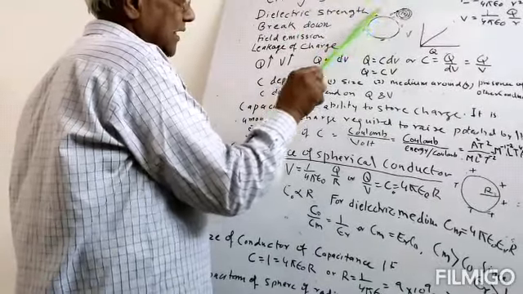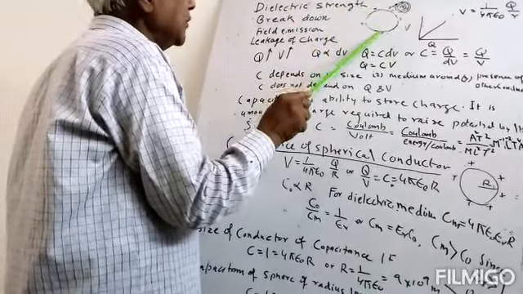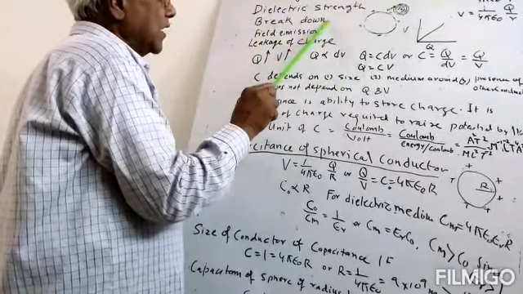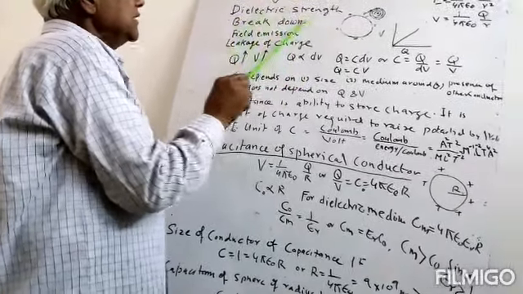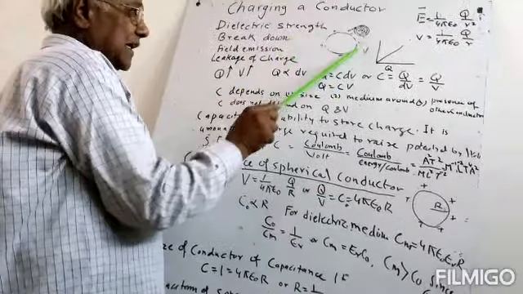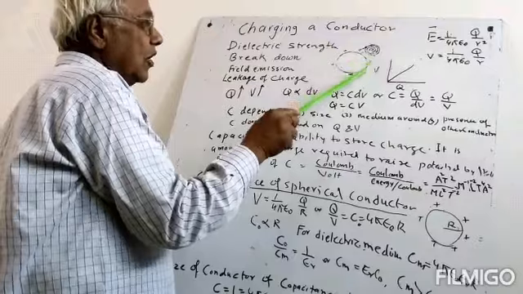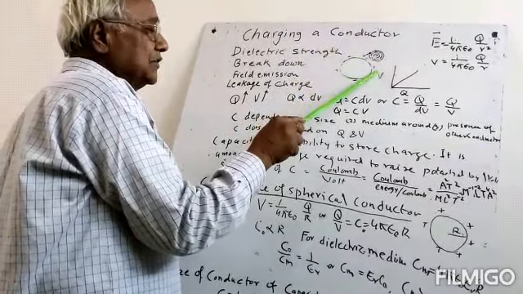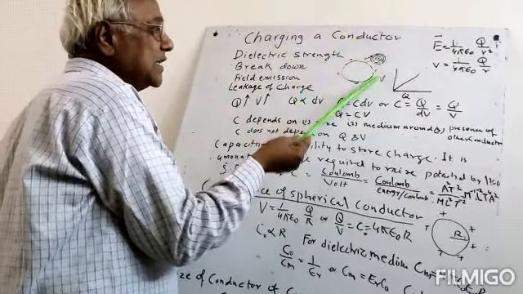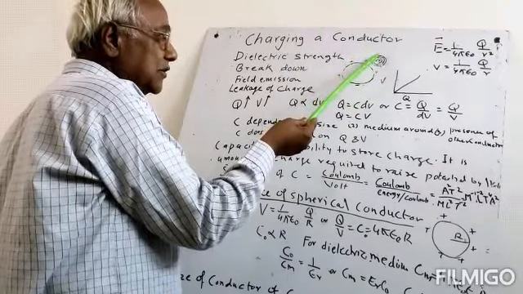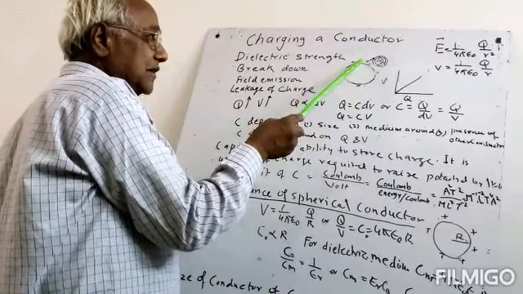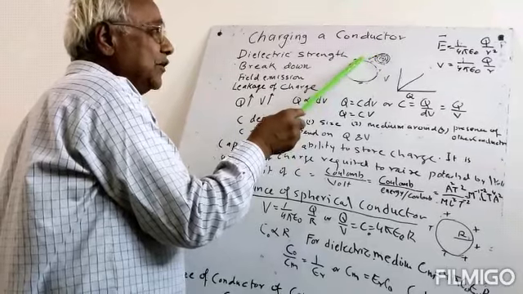When there is a leakage of current, this phenomenon is also known as the breakdown. Breakdown means the charge of the conductor is lost, or there is a leakage of charge. That leakage of charge is because the electron will reach the surface, then it will neutralize.